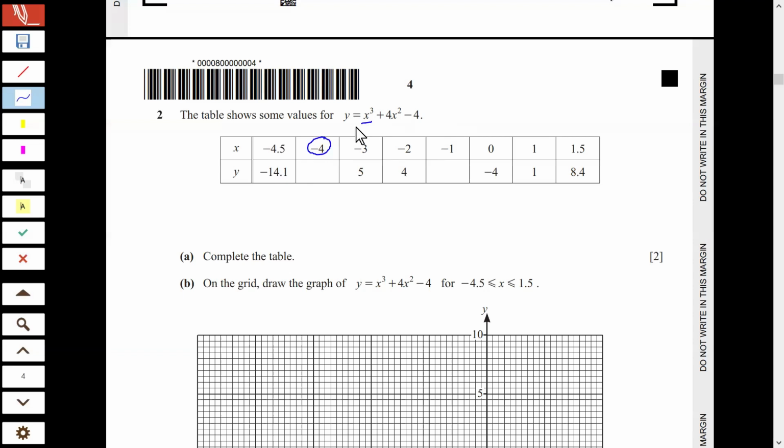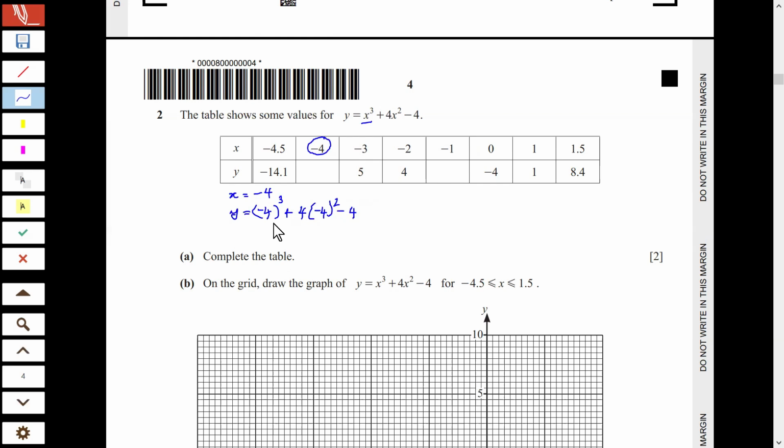When x is -4, y will be equal to -4 to the power of 3 plus 4 times -4 squared minus 4.